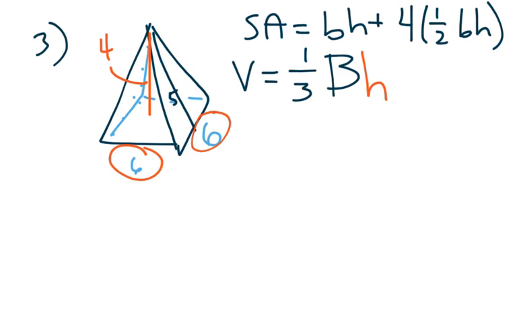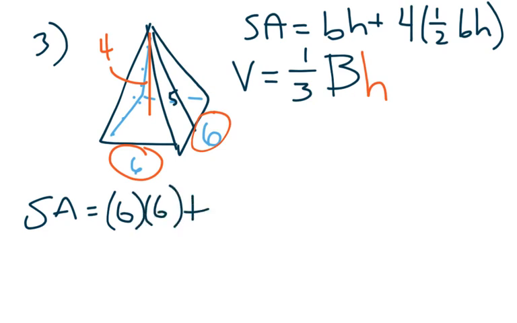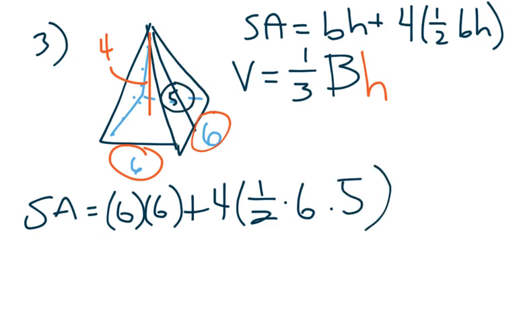So we are going to say surface area equals 6 times 6 plus 4 times half base, which is 6, times height, which is this guy right here, the 5. Okay, so 6 times 6 is 36, plus 4 times half of 6 times 5.